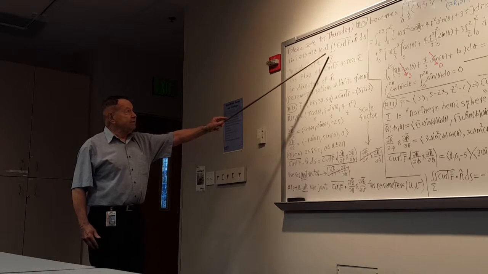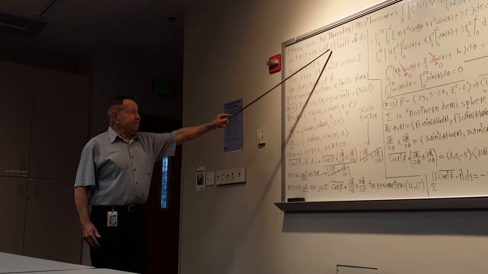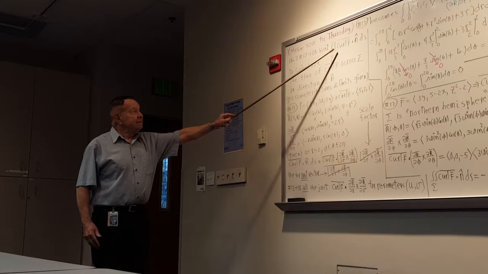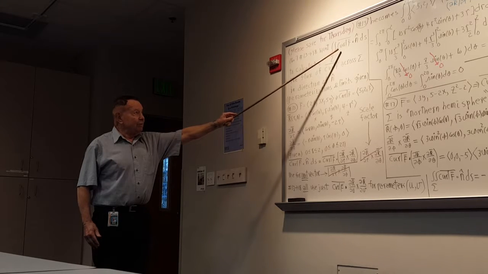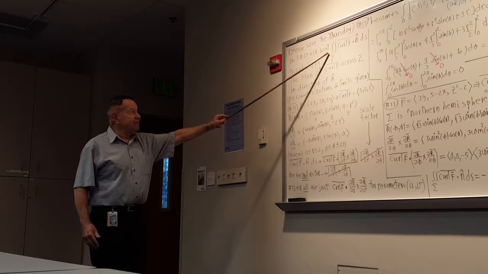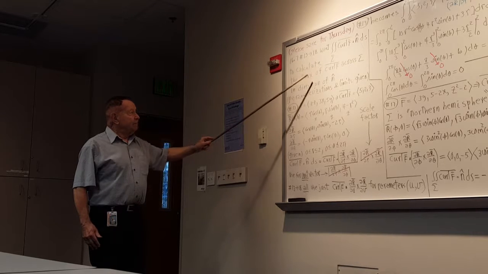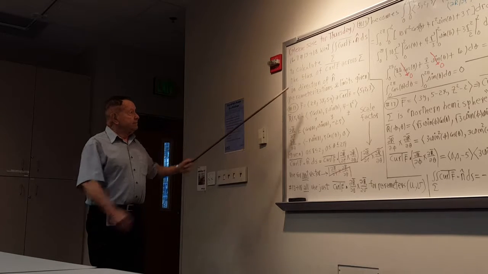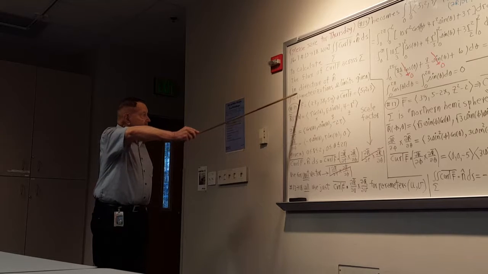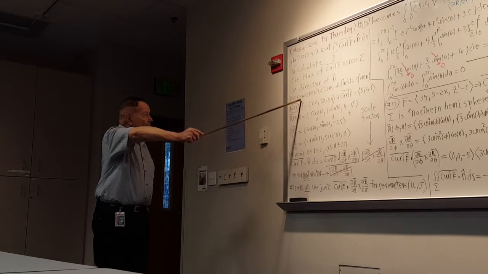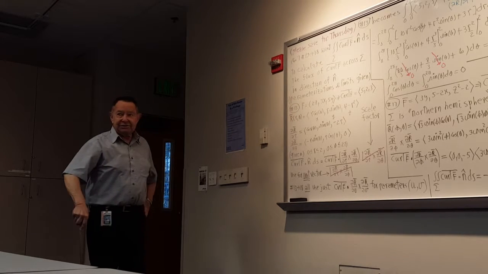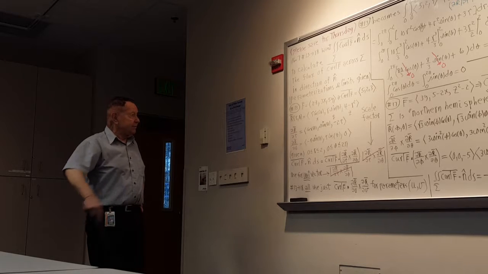So they want us to get the curl dotted with the outward normal, so the flux integral in the direction of the normal with the parameterizations and the limits as given.